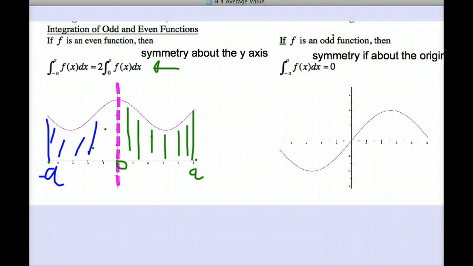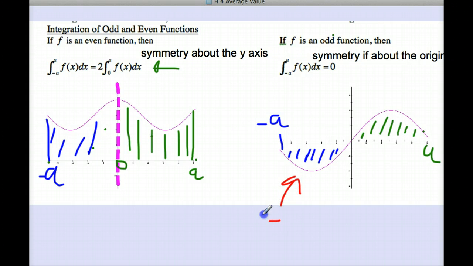If I were to say this is negative a and this is positive a, if I shade this region right here and I shade this region right here, since it's symmetrical, the area is the same. The only difference is this is below the x-axis, so this has a negative area.